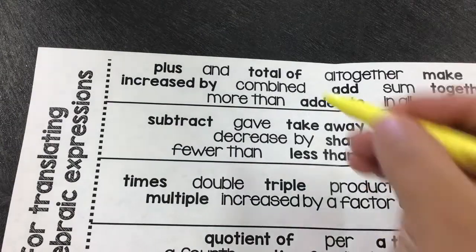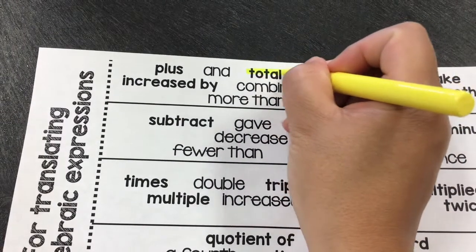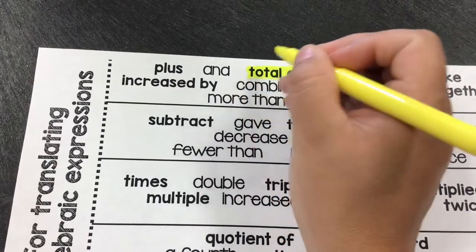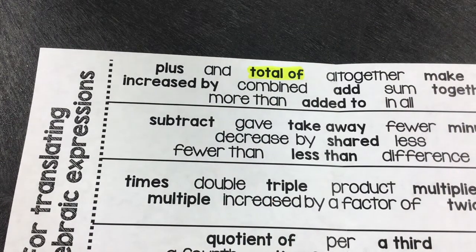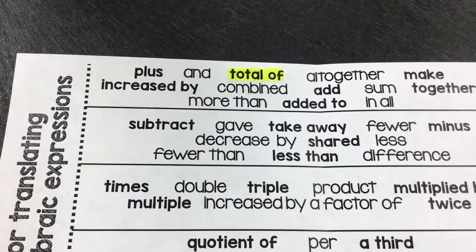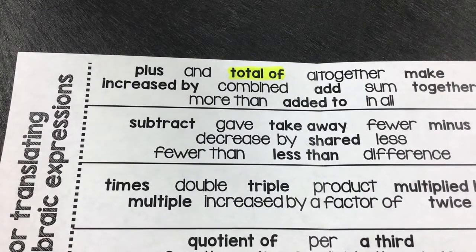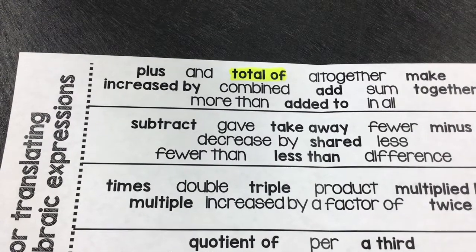Okay, so we're going to highlight total of, because that's a little bit different than saying the total. This is the total of adding things together, only of the addition part. Altogether, makes. Increase by, we should know all of these terms that just mean addition.